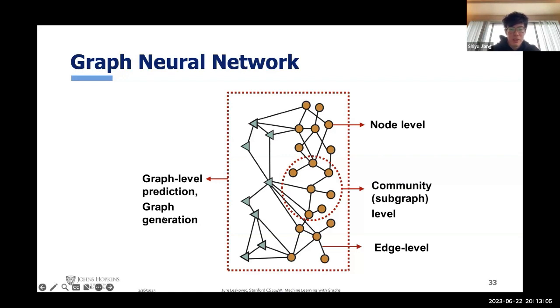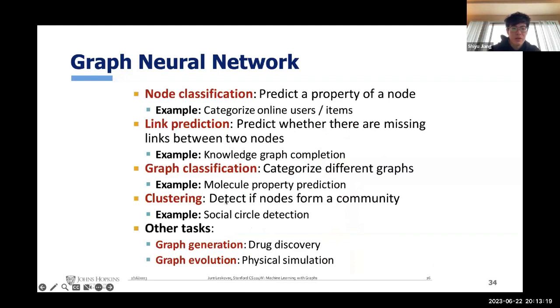So basically there are 4 big aspects. First is graph level prediction, then a slightly smaller subgraph level, and we also have the 2 levels mentioned before, node level and edge level. There are several tasks that we can potentially do.